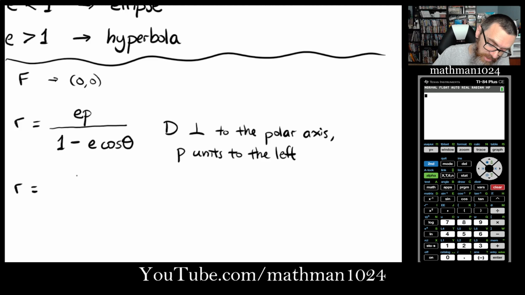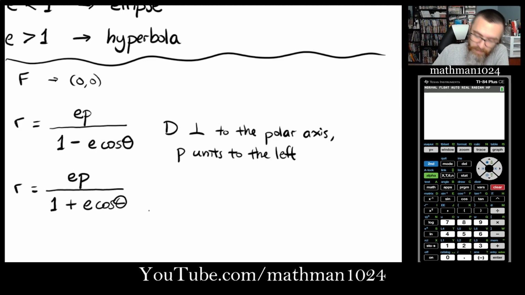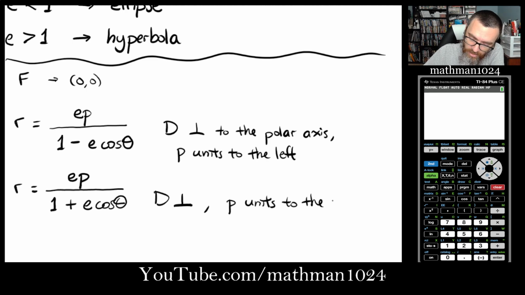Something very similar to this is if I do ep over 1 plus e times cosine of theta. It's pretty much going to be the same thing, where the directrix is going to be perpendicular to the polar axis. So D is going to be perpendicular, and then it's going to be p units to the right.